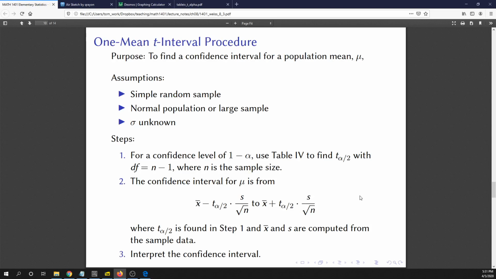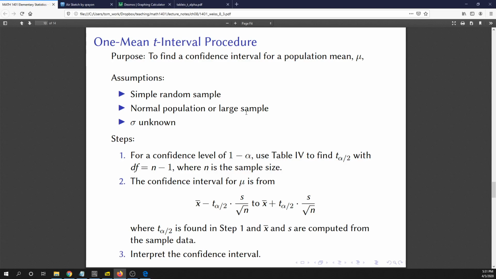Okay, that brings us to the actual procedure that we are going to use for constructing a confidence interval using the t distribution. We're going to find a confidence interval for a population mean mu. The assumptions are we need a simple random sample from a normal population or a large sample.